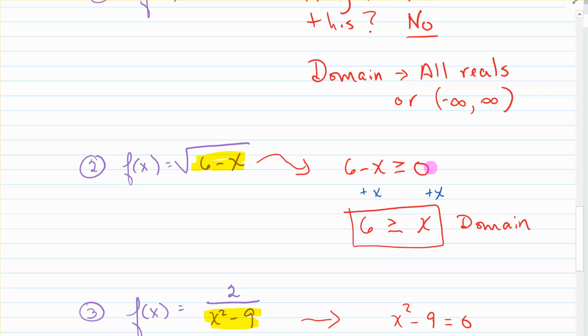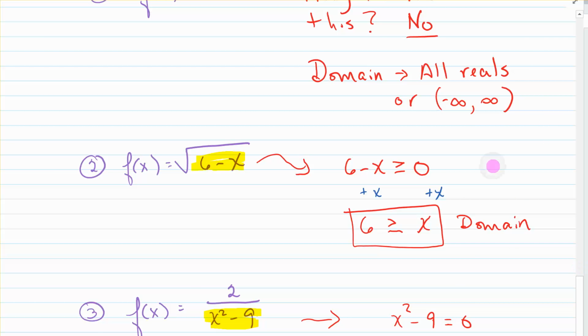We then solve this inequality, and if we add x to both sides, we get 6 is greater than or equal to x. Or you could read it x is less than or equal to 6. That's the domain. Every x that is less than or equal to 6 would be okay in this original statement.